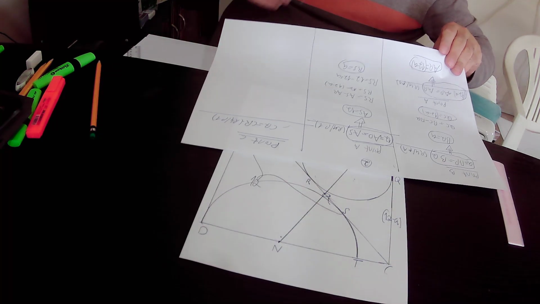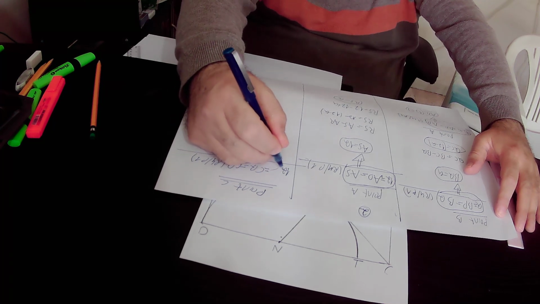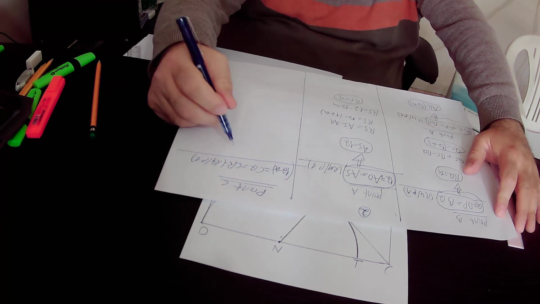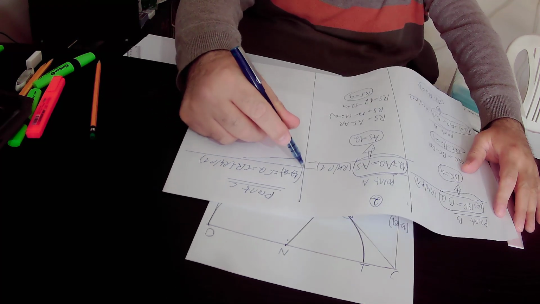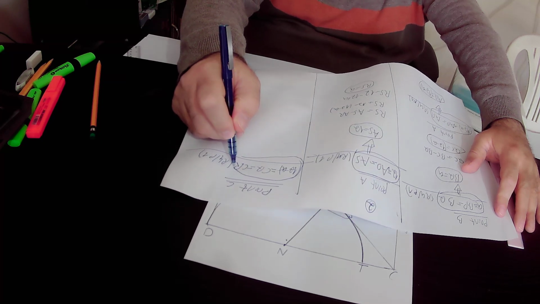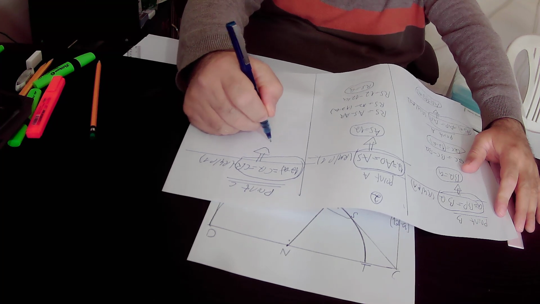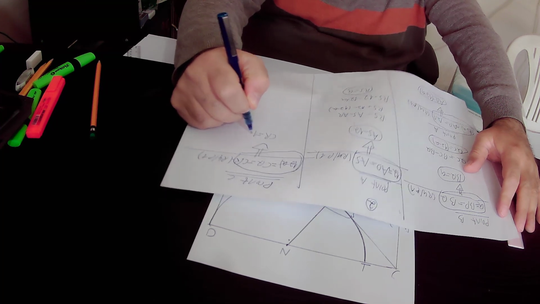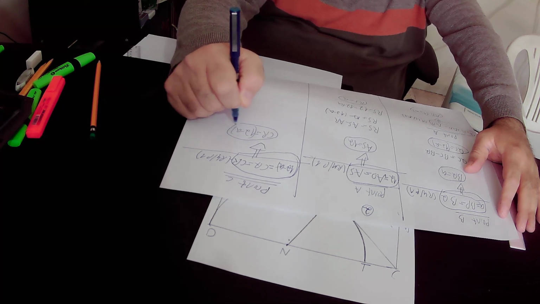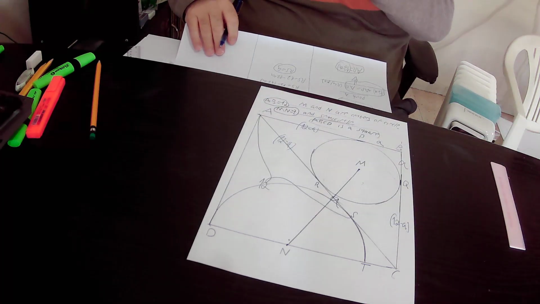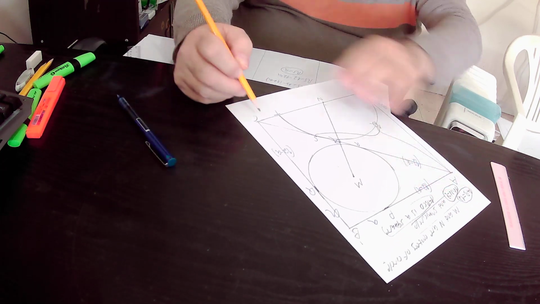But we have already found out that CQ equals 12 minus A. So according to this equation, CR equals CQ equals 12 minus A, we derive that CR is also equal to 12 minus A. So we can write here that CR is also equal to 12 minus A.